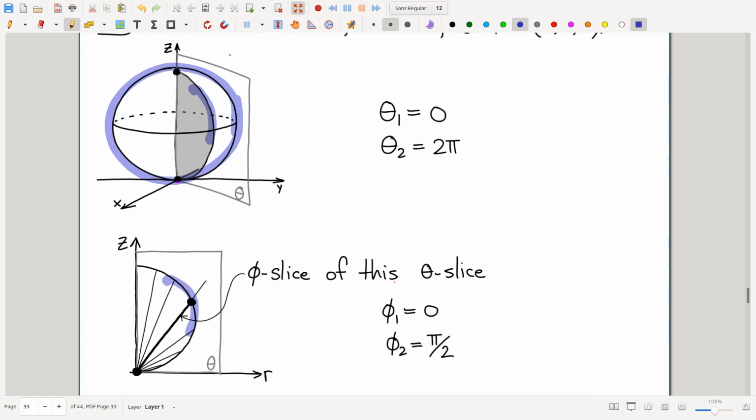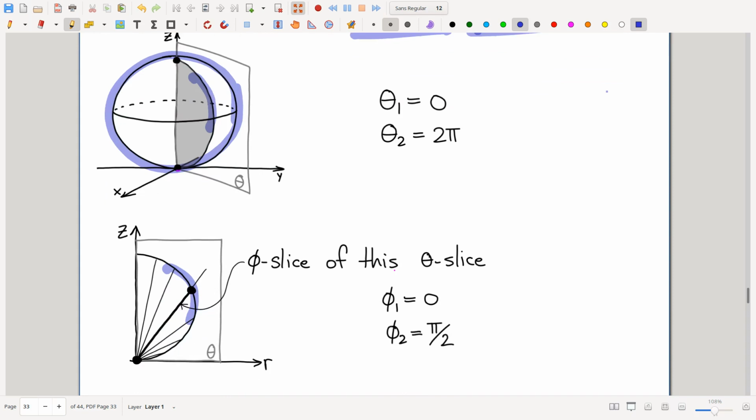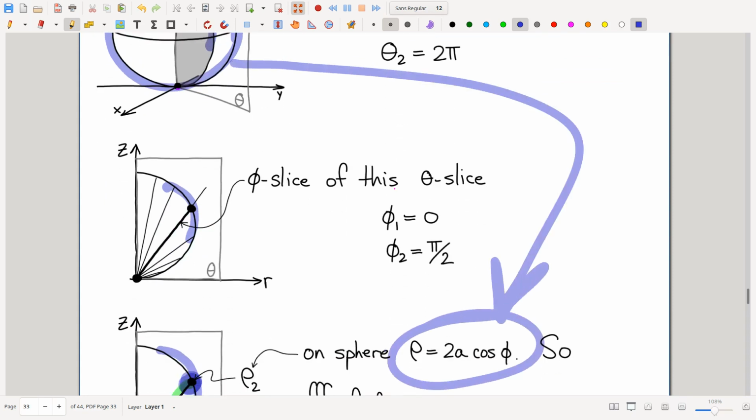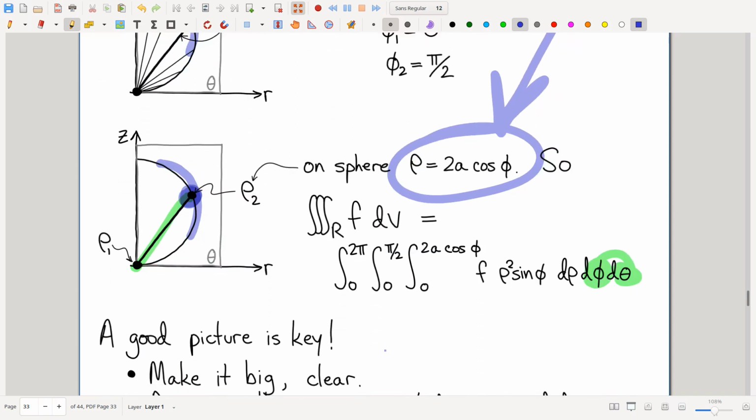So what you have to do is take this sphere of radius a, centered at (0, 0, a), write down the rectangular equation for that sphere, and then convert that rectangular equation into spherical coordinates. And this is what you're going to get when you do that. Please do make sure that you can actually do that. It's all stuff from Chapter 1, and that then gives you your upper bound right there.